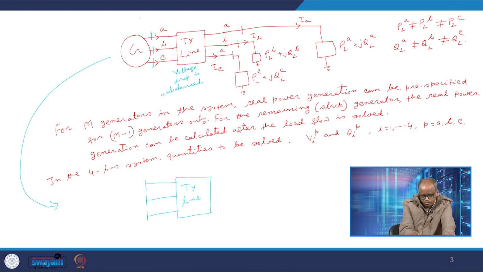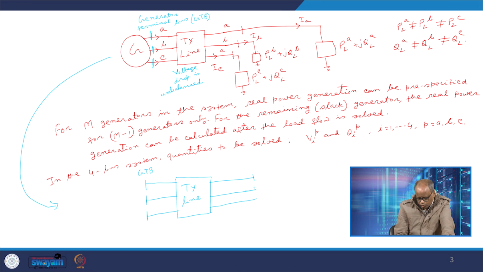So this blue colored one is my generator terminal bus, GTB, and after that I have got the load bus.